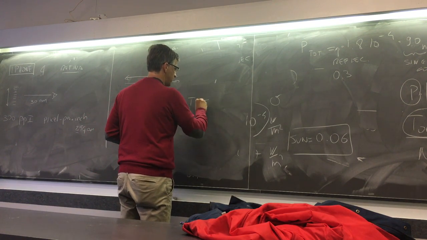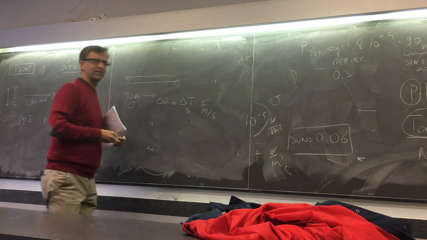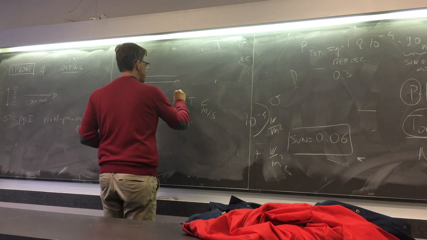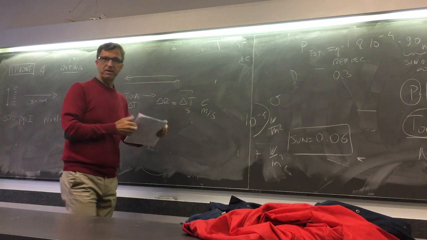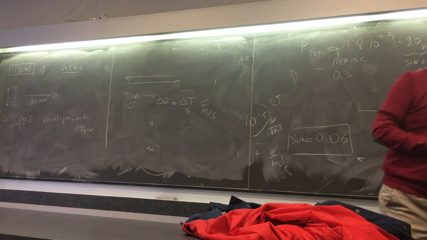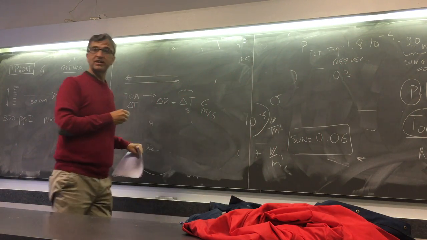That is, seconds multiplied by the speed in meters per second. Okay? So, if I have a minimal delay that I need, and this minimum delay is 2 picoseconds, how accurate am I in measuring distance?